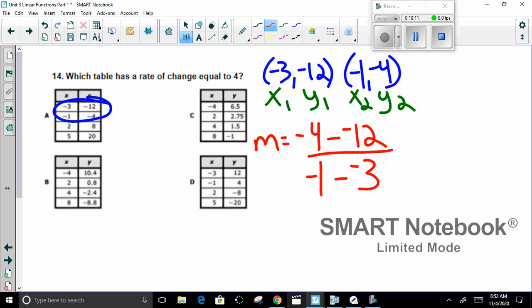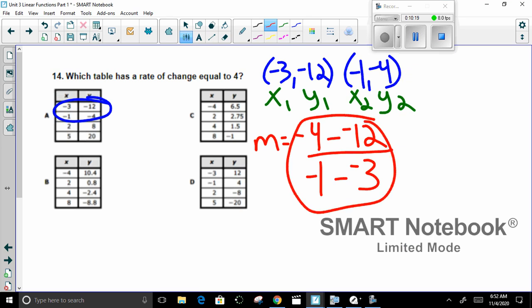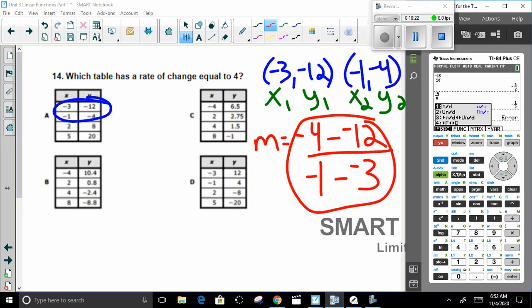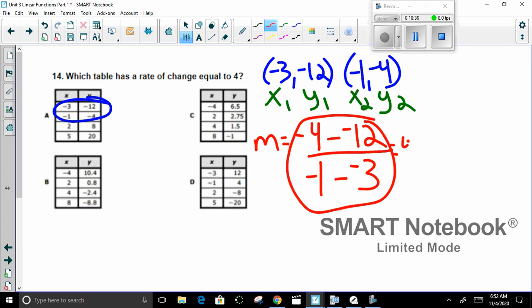I'm going to show you how you could use your calculator for the whole thing. So you literally could just put this whole entire thing in the calculator the way you see it. So if you make your fraction, negative 4 minus negative 12 is in the numerator. In the denominator is negative 1 minus negative 3. And I get 4. Well, the question was asking which one has a rate of change equal to 4.